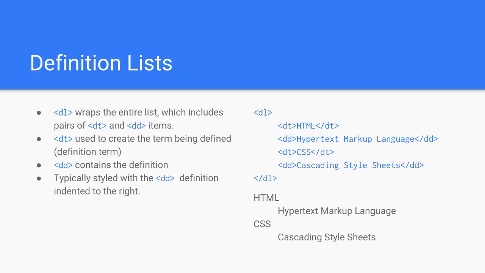I'm actually not a huge fan of the way this works because really all that matters is the order. So a DT followed by a DD, then a DT followed by a DD. I wish they were a little bit more logically grouped than that, but that's the way they chose to do it. Again, here DT contains the term we're defining, HTML, and then DD contains the definition.